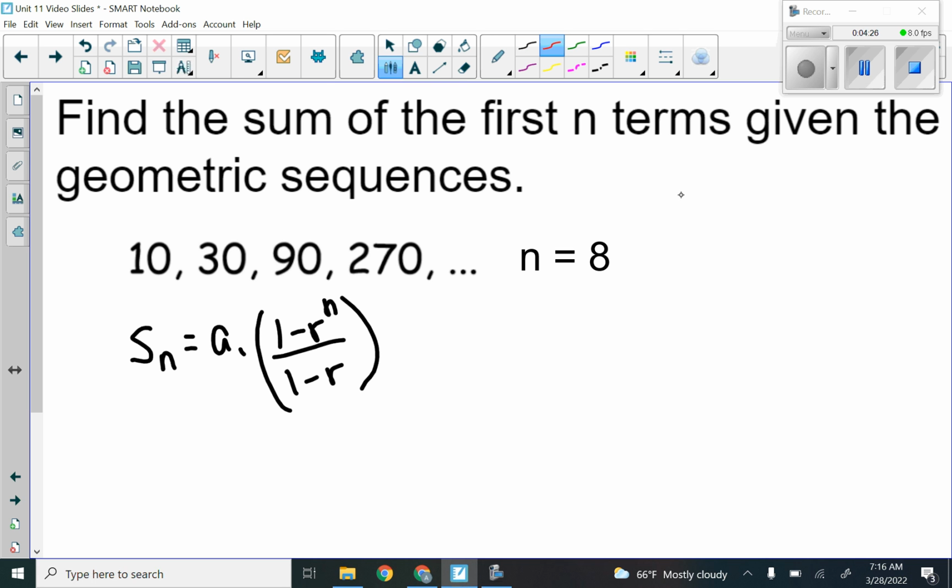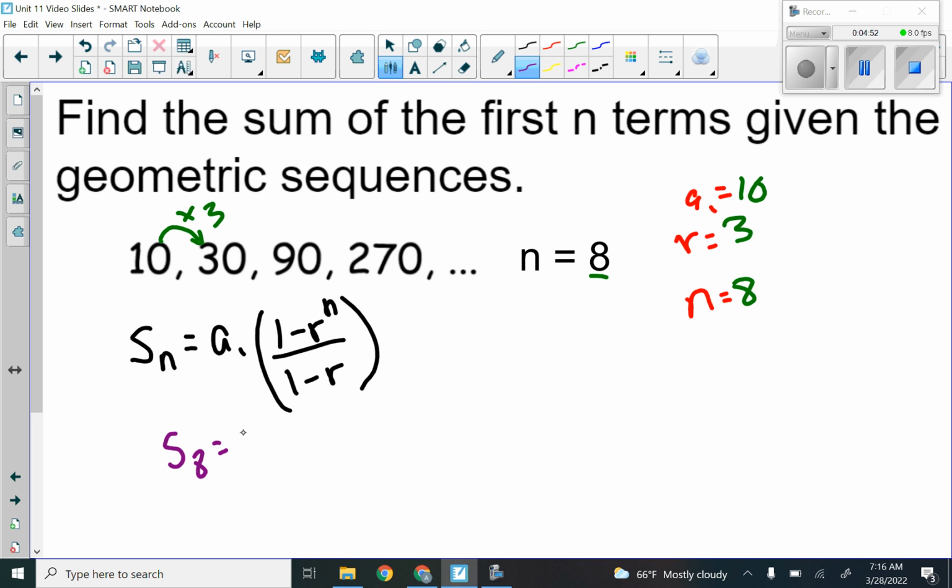So you first need to find your first term, your ratio, and n. Our first term is 10. Our ratio, once again, we're multiplying by 3, is 3. And n, we're told, is 8. So now we plug in.